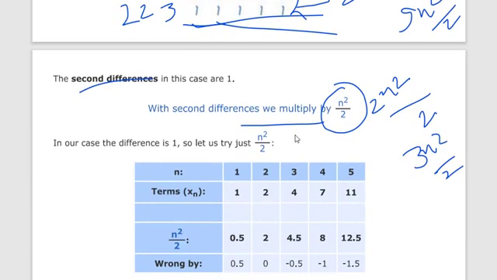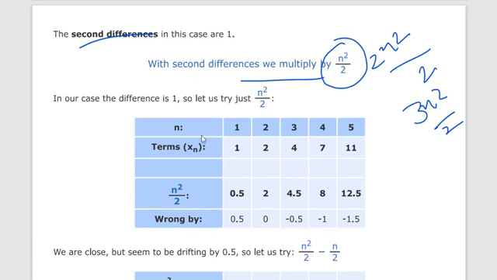Now, with the help of trial and error, we have to find the rule of any sequence. First of all, this is our original sequence. We have to calculate n square by 2. Now what is the difference between these two terms?